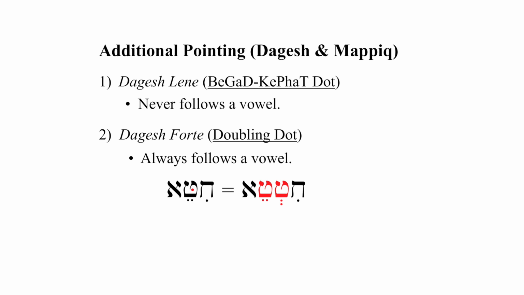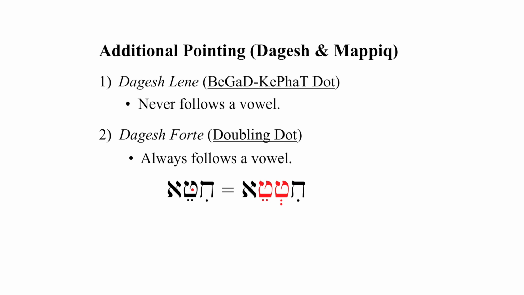The tet has a dagesh forte. It has a doubling dot. And as you can see with the equal sign and the way that the word is spelled out, again, with two tets side by side, you're going to be pronouncing that letter twice, chite, because the letter is doubled.